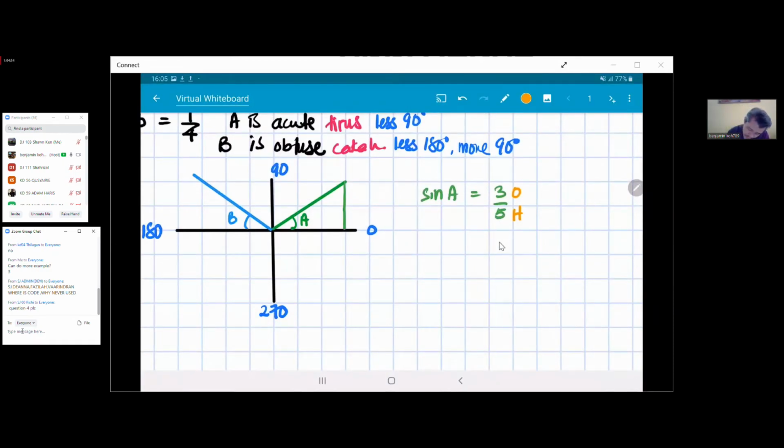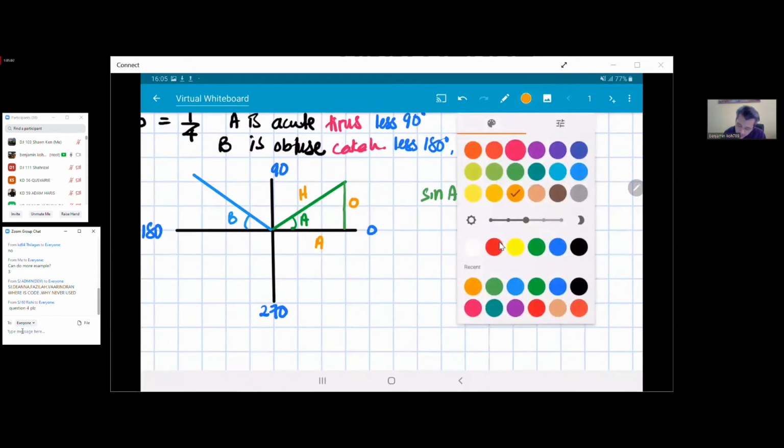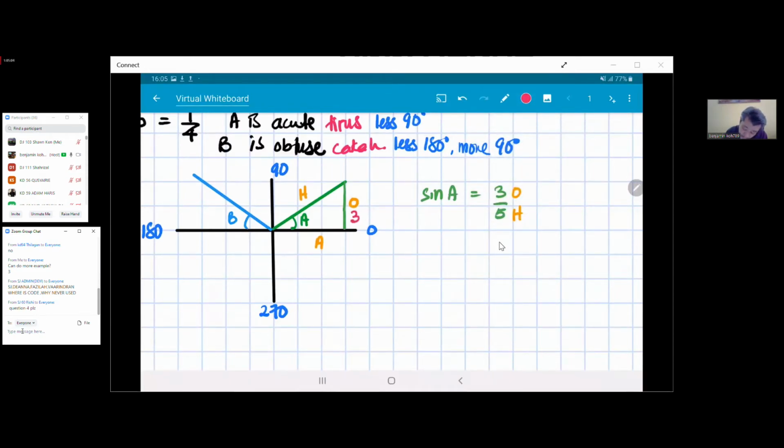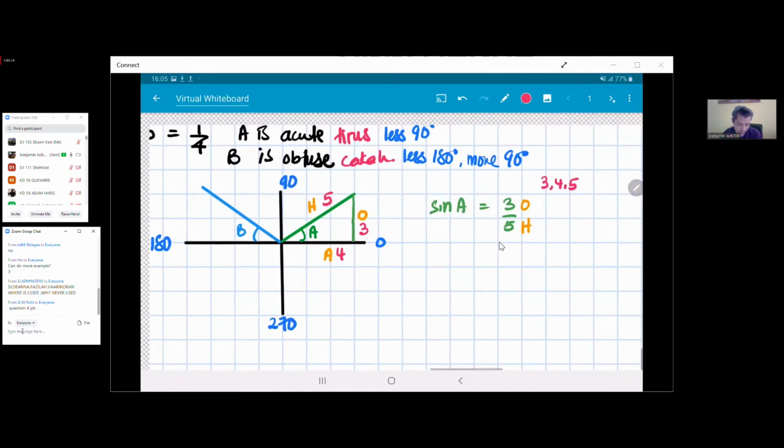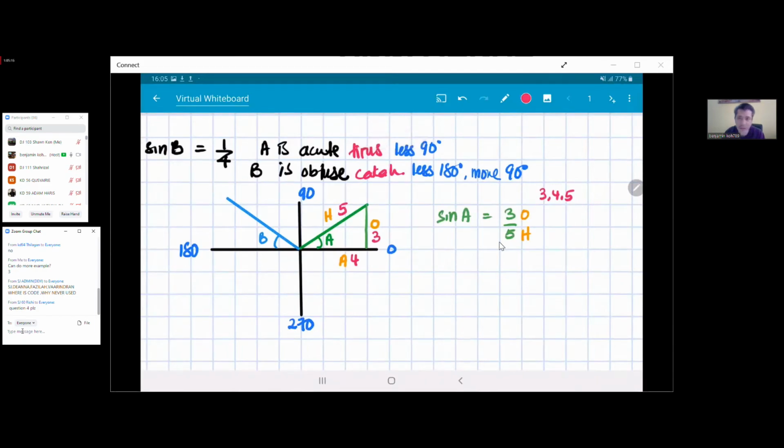Yang ni ialah hypotenuse, angle A depan ialah O, dan yang ni ialah A. So the O number is 3, the H number is 5. That means your A number here will be 4. Have you memorized your 3, 4, 5? Understand this? That's 3, 4, and 5.